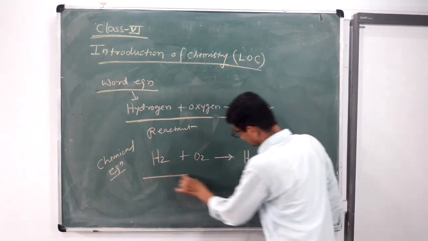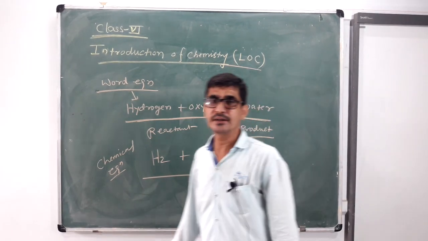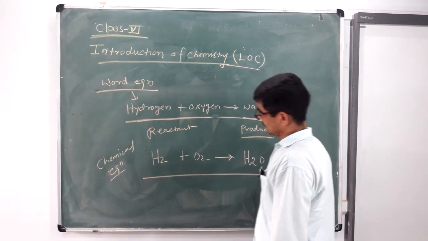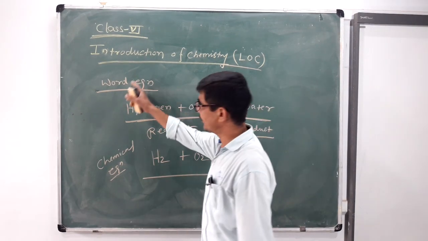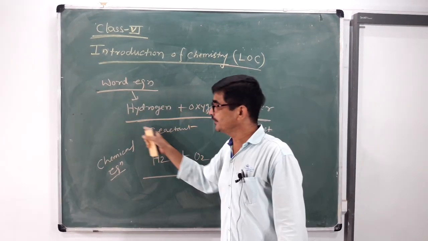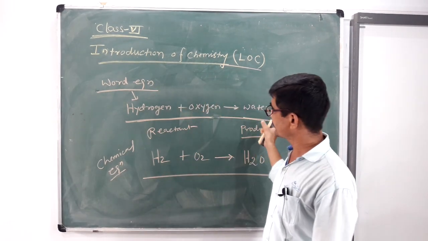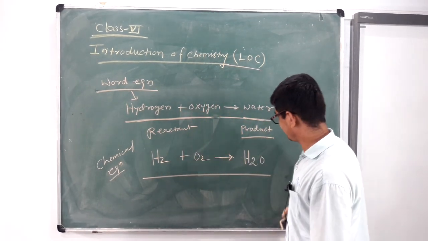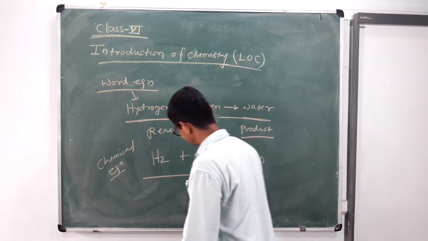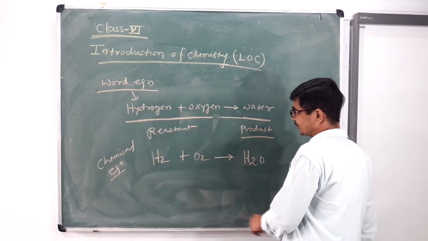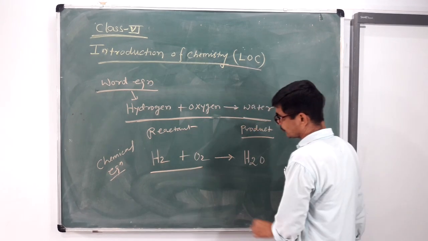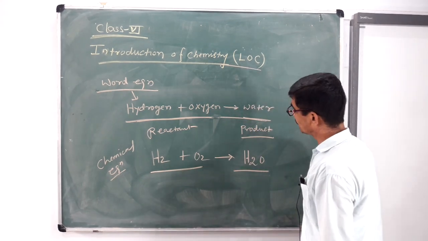So this is called chemical equation. In this chemical equation, this part is called reactant and this part is called product.